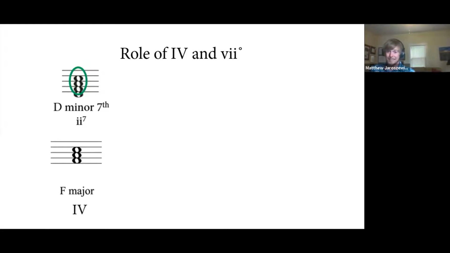In that case, you have this. You almost feel more of a pull of this F major sound than you do of the root on top. Feels very, very F major. So because they have 3 notes in common, they're able to occupy a similar role harmonically.